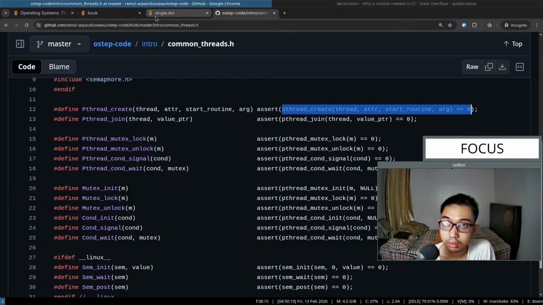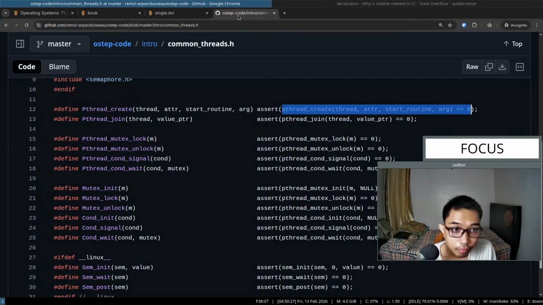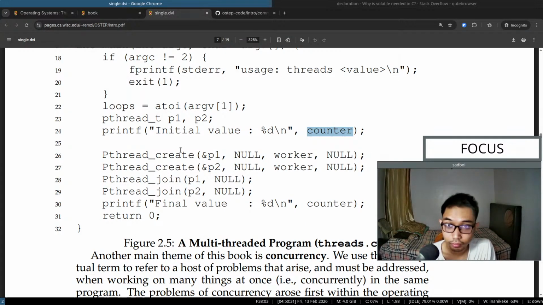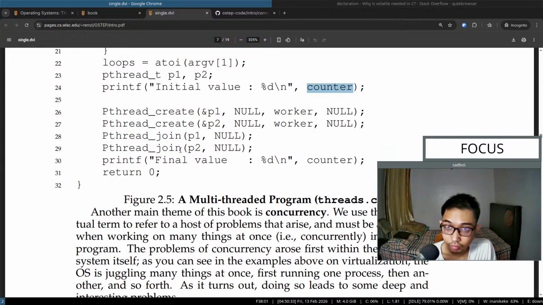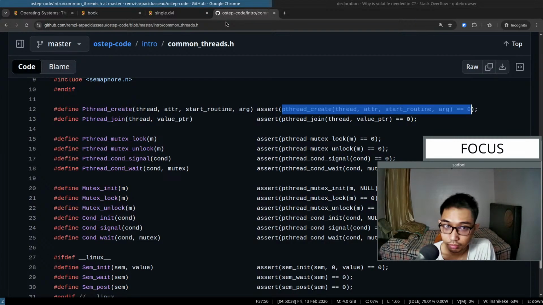Okay. We are creating a new thread for concurrency.